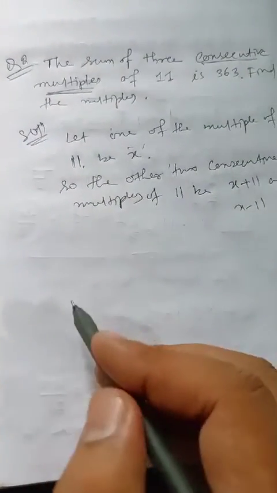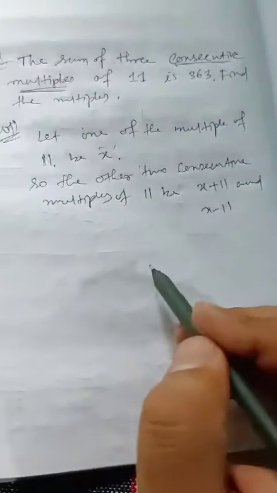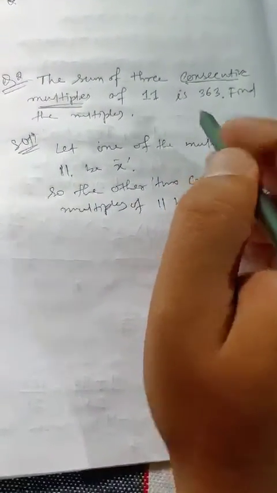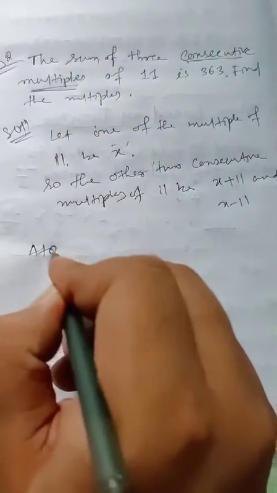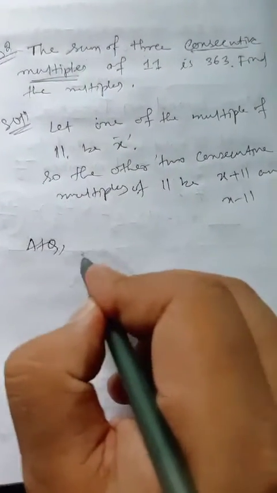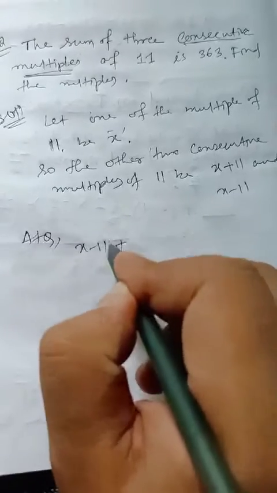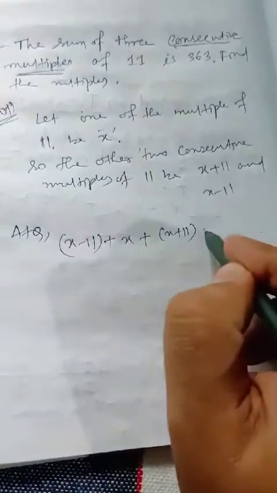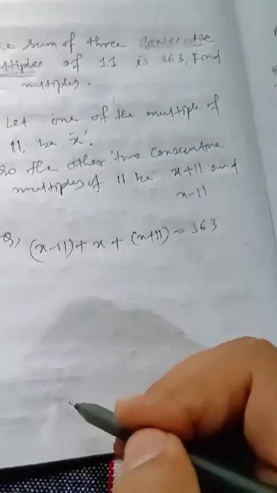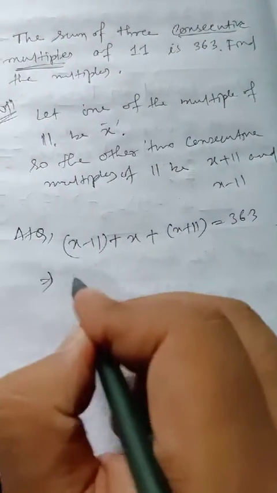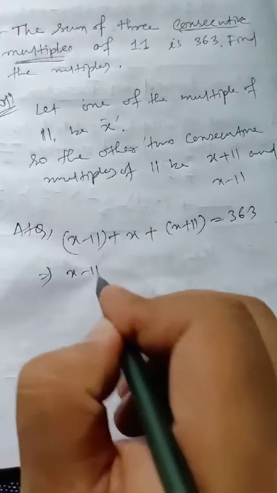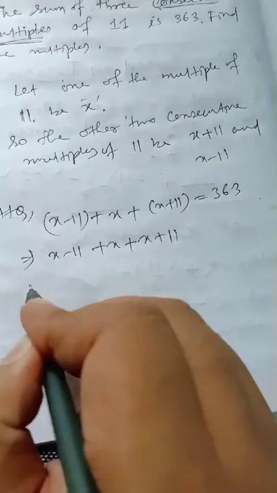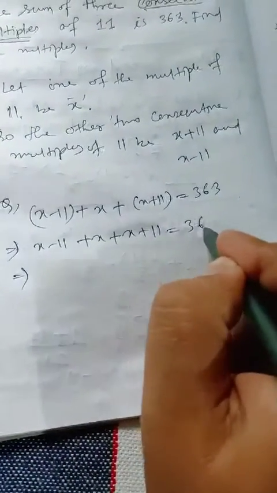According to the question, if we add all these three multiples of 11, then we will get 363. So if we add x minus 11 plus x plus x plus 11, we get 363.